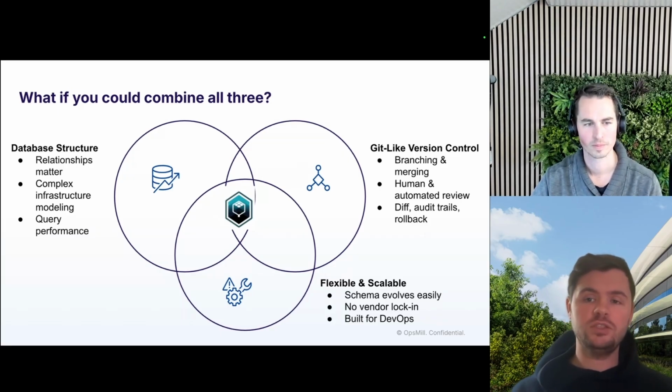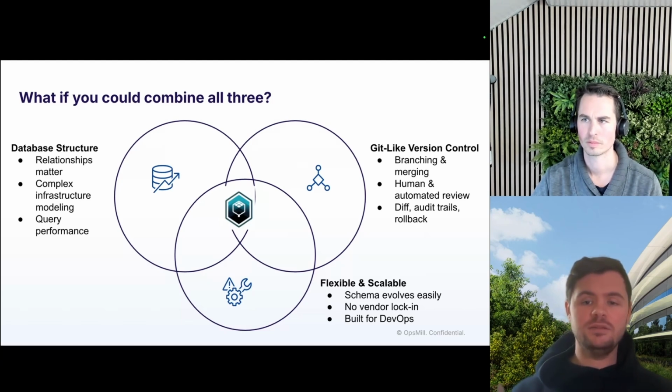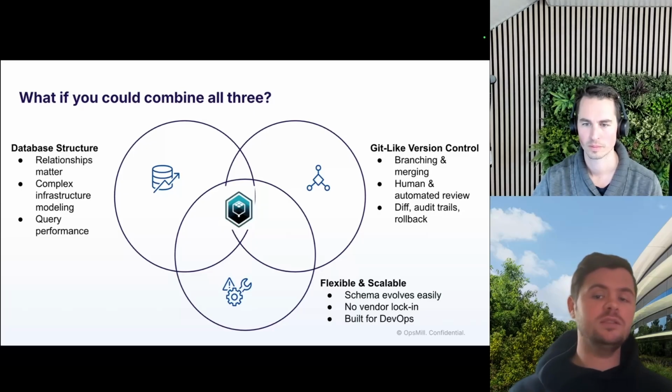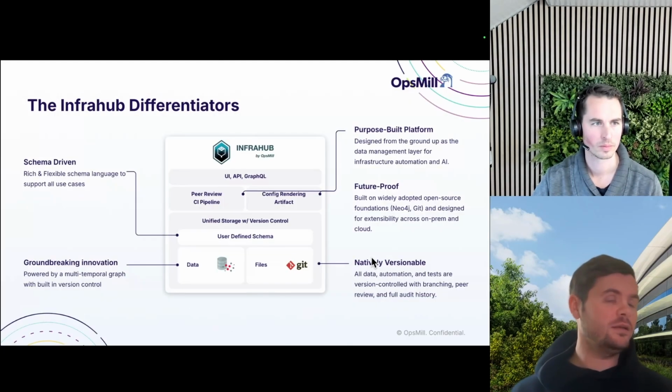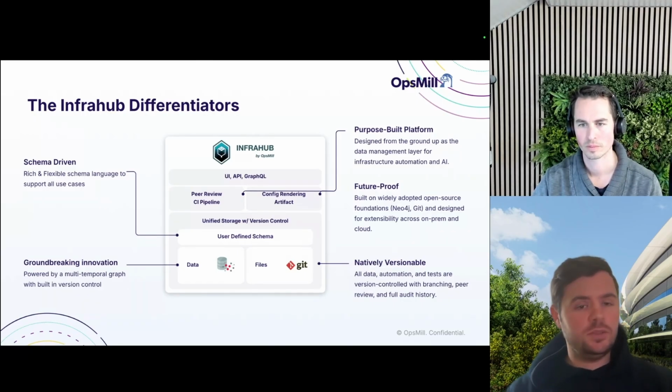So we have branches, we have the possibility to merge branches into the default main branch, and we have diff and audit trails. And as your network grows, we solve the schema flexibility so that you can model anything in your network.